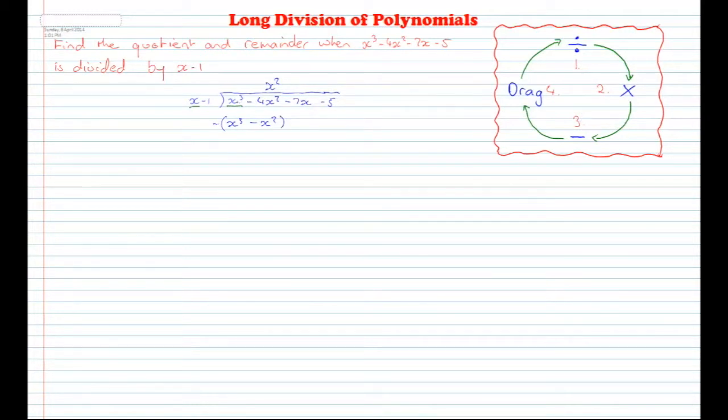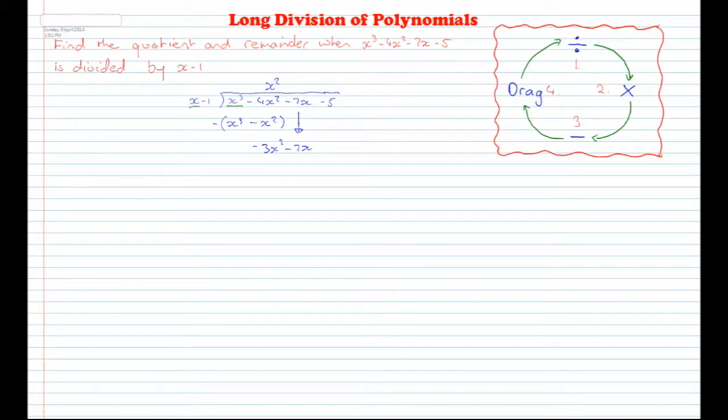So x cubed minus x cubed is 0. Negative 4x squared minus negative x squared will get us negative 3x squared, because negative 4 minus a negative is a positive, so you get negative 3x squared. And then the last step is drag. So you go minus 7x when we bring this one down here like so, remembering to keep all of our x squareds and x cubeds in the same line.